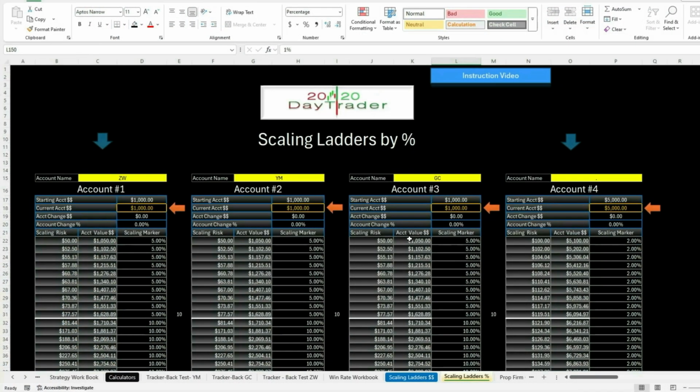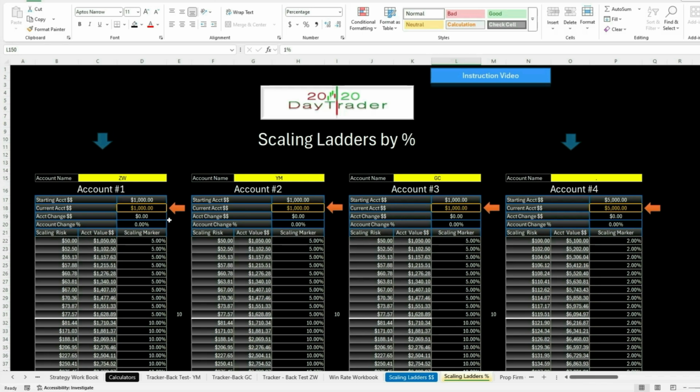Here we are with the scaling ladder based on percentage. So again, I'm in my live account. I'm going to start with $3,000, and I'm going to trade 3 tickers, ZW, YM, and GC. So wheat, the Dow Jones, and corn. I'm going to take my $3,000 and divide it up.